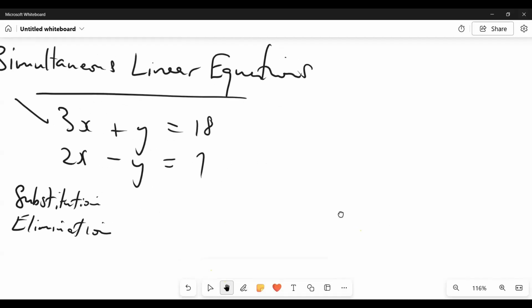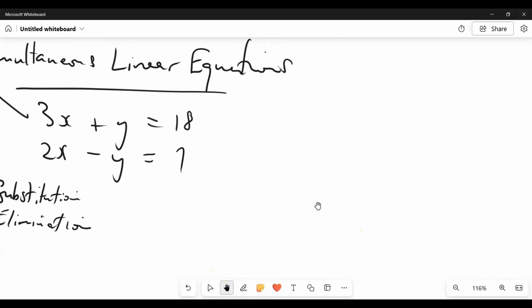So let's move this a little here. Good. So in substitution, the basic idea, I'm not going to solve the whole thing, right? The basic idea, you take one of the equations. Let's call this equation 1, call this equation 2. You take any one of them. By the way, substitution can work in any case, but in some cases you can end up with some horrible fractions.